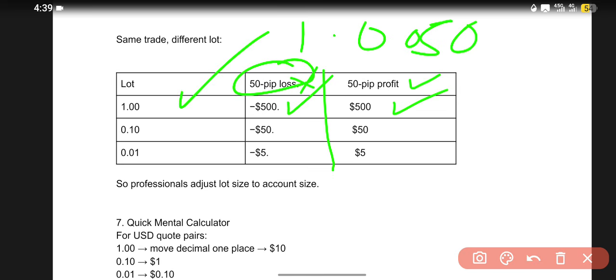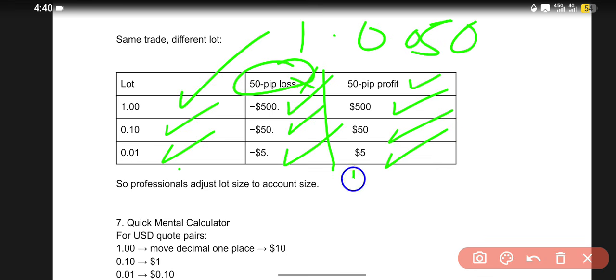The 0.1 lot also gives you either a loss of $50 or a profit of $50. Now the 0.01 gives you a loss of $5 or a profit of $5.